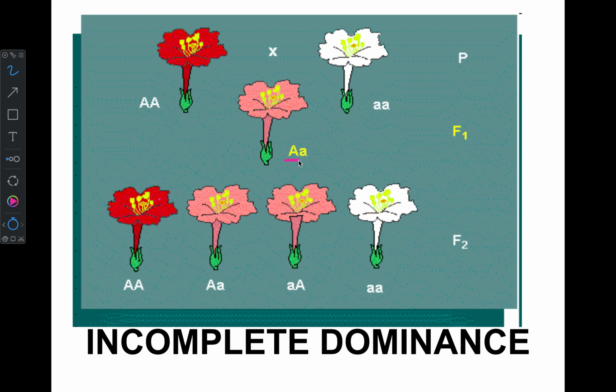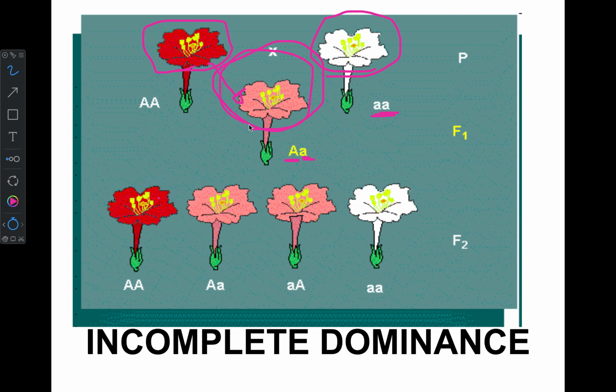If you think about this in terms of proteins, this red color is produced by a protein. The white color means that none of that protein is being produced, because there's no capital A, so there's no way you can produce that red protein. But when we go to here, this incomplete dominance is showing that about 50% of the red protein is being produced, and the other half is just white. So you get mixed results.